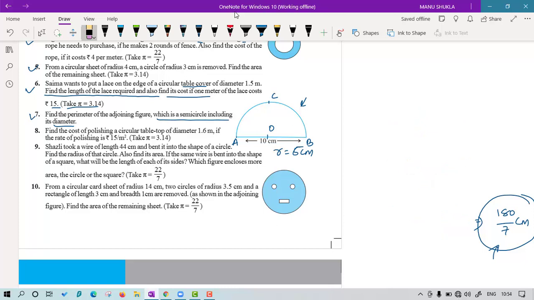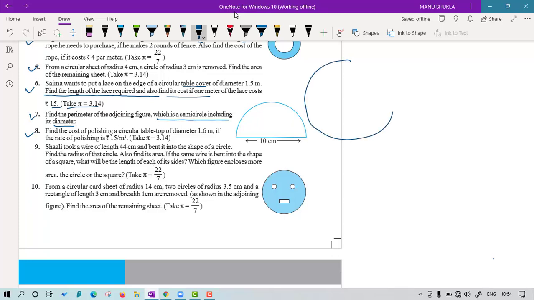Now next question, question number 8. Find the cost of polishing a circular tabletop of diameter 1.6 meter. So there is a tabletop of wood, suppose center O, radius r. r is given to you as how much?